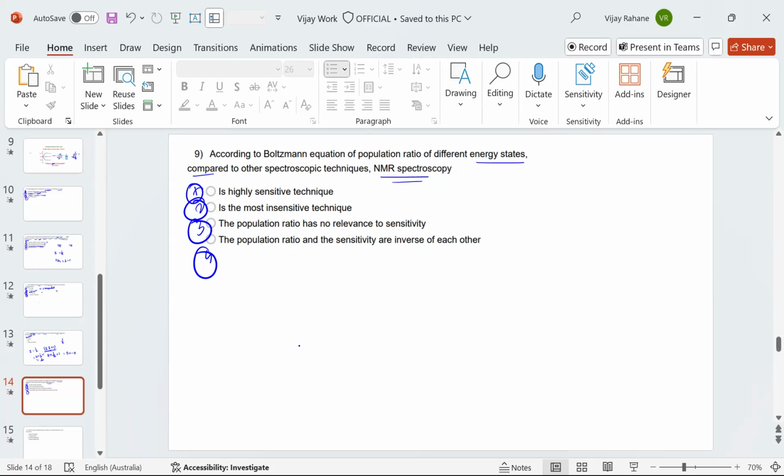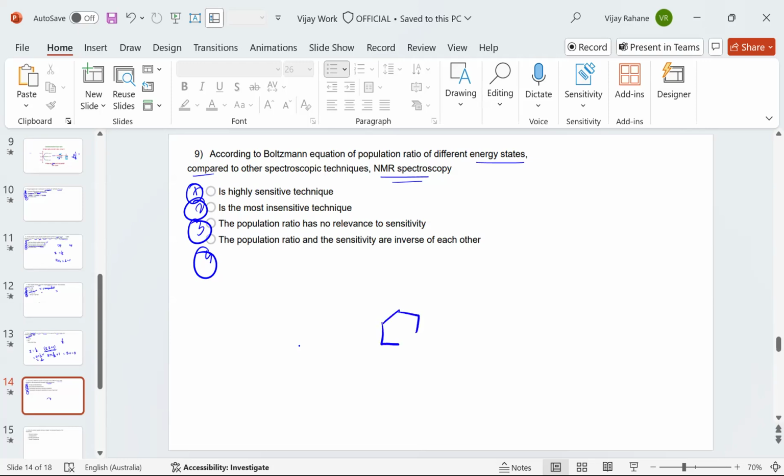Yep, correct. With NMR we cannot deal with the energy states. We can only check where the protons are, where the magnetically active nuclei are, how many different types of magnetically active nuclei there are, and also the electronic effect on them.